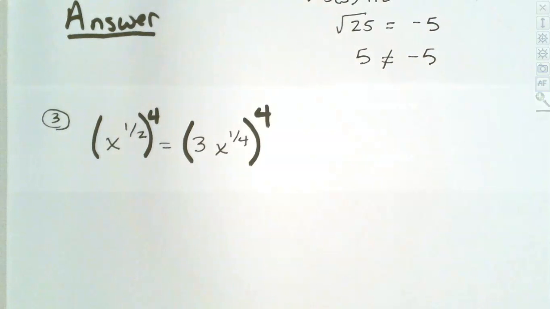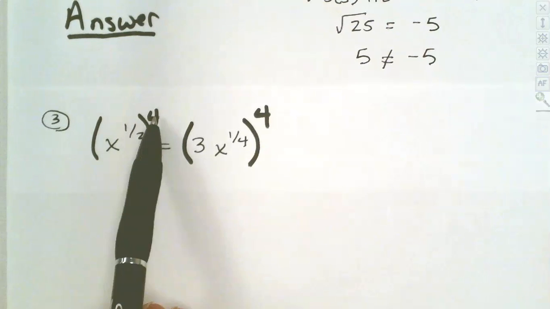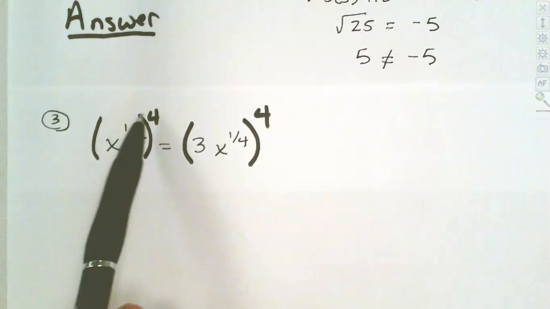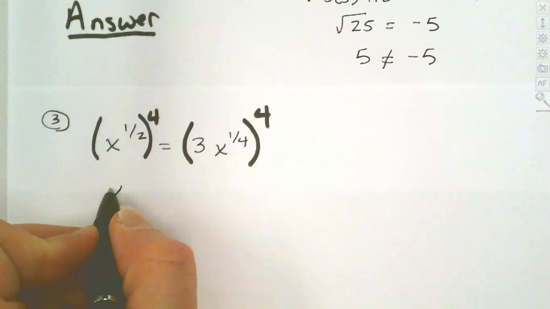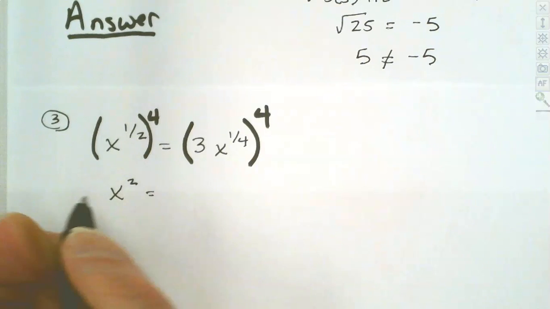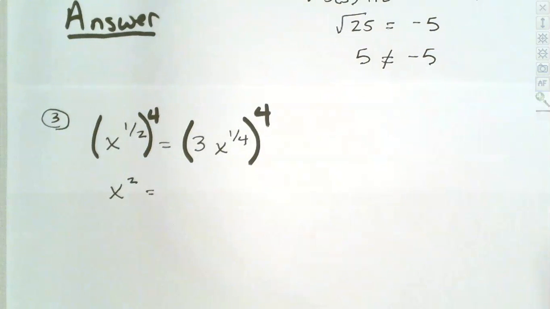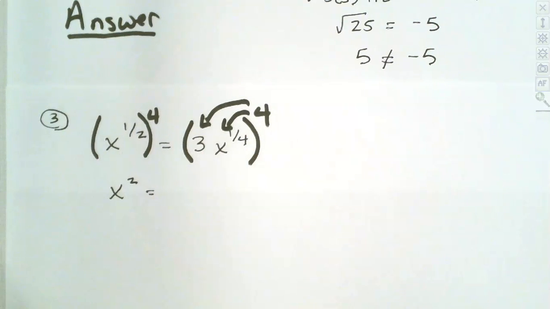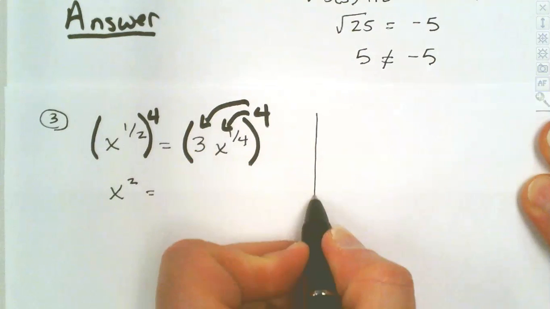This actually is a lot easier question to work through. So 4 times a 1/2, because remember, exponents multiply. So 4 times a 1/2, that leaves you with an x squared. Now also remember that 4 has to be distributed through. And it's not 3 times 4, it is 3 to the 4th power.